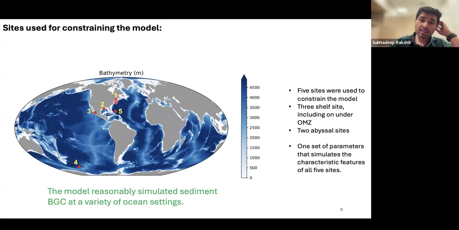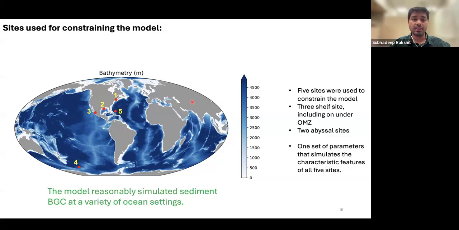Site 1 is on a very coastal basin, Stellwagen Basin. Site 2 is in the Gulf of Mexico, a little bit on the open shelf region. Site 3 is also on the shelf but under an oxygen minimum zone, and sites 4 and 5 are in the open ocean at abyssal depth.